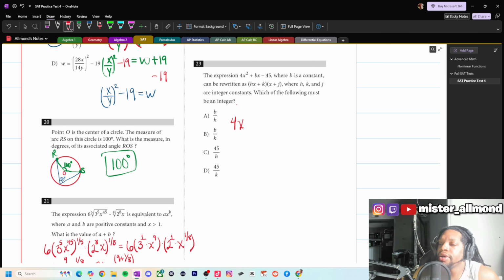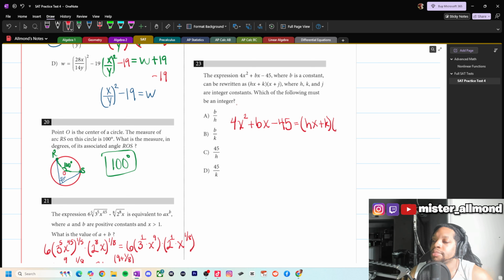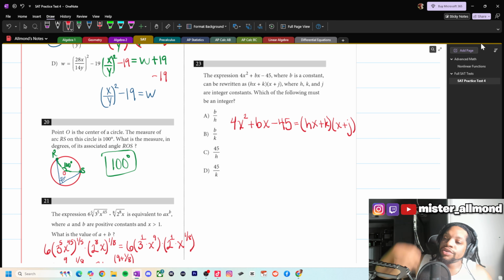So they're saying 4x squared plus bx minus 45 can be rewritten as hx plus k times x plus j. So it's like a product of two binomials. H, K, and J are integer constants. So they're whole number constants. Which of the following must be an integer?